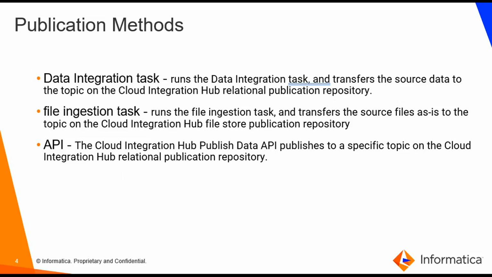And for the API, CIH provides a publish data API. With the help of that, we can publish data to a specific topic in a relational publication repository. This is generally for small transactions. To publish small transactions, we'll generally use the publish data API instead of a data integration task.